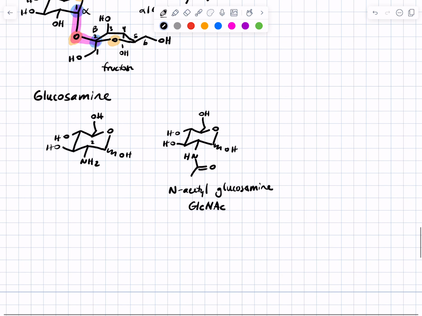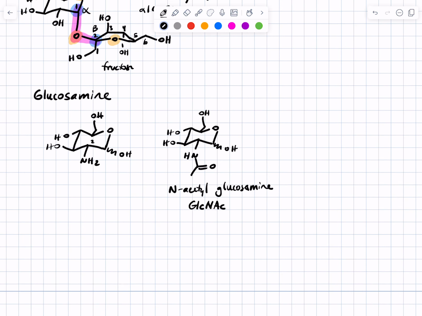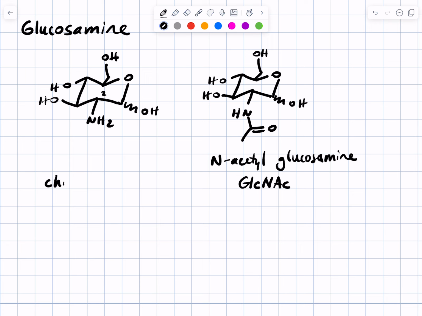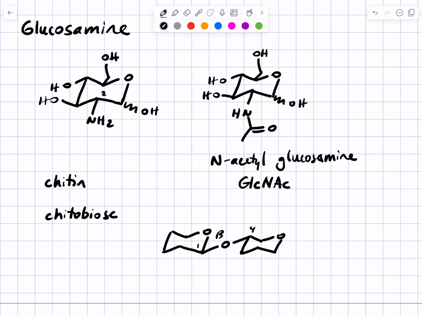This is found as a subunit in chitin, which is insect shells. And I'll show you a carbohydrate subunit of chitin. It's called chitobiose, and it involves 2 GlcNAc sugars linked together in a beta 1,4 linkage.